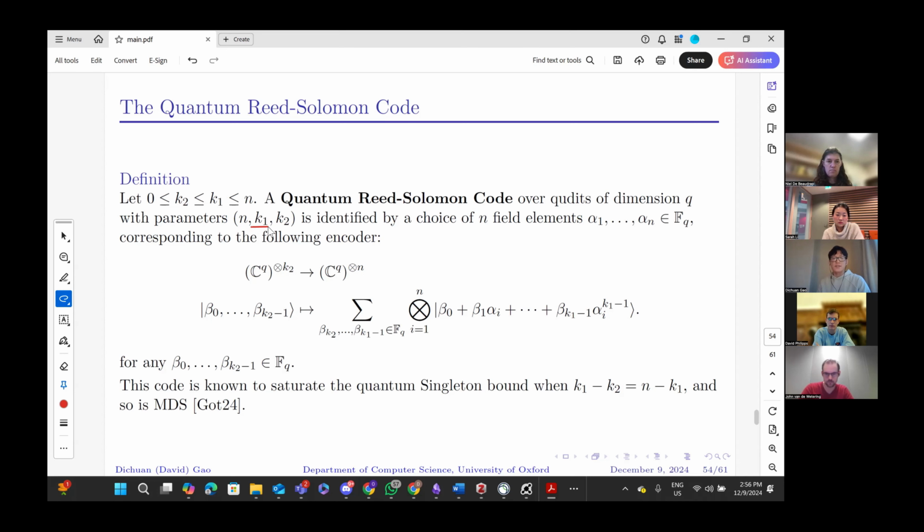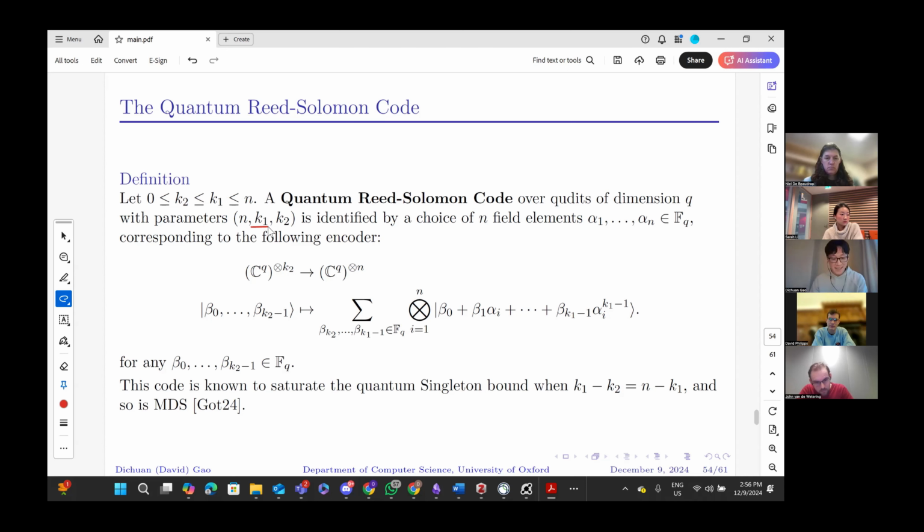One way to think about this is it is a CSS code, right? So you can think of it as having C1 and C2. Wait, how do I put this?